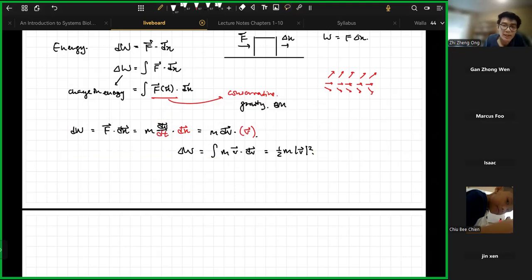So what do I mean by this? This is another way of looking at dynamics problems, which is to look at the energy.